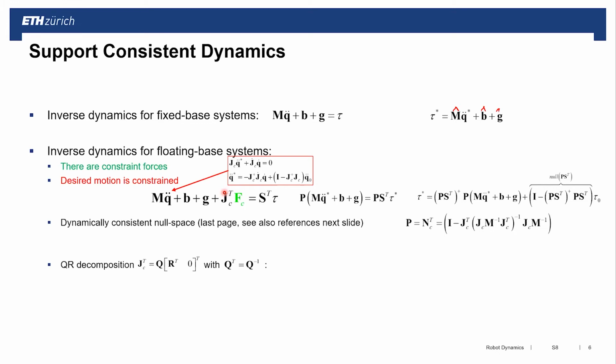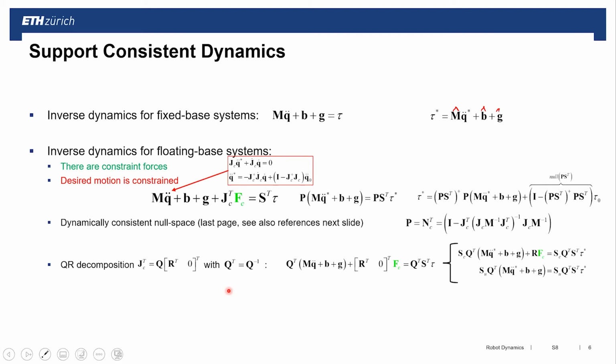And as I said, this Jacobian only constrains a subspace of the whole system, how it can move. What we can do is a QR decomposition of this JC transposed. If you want to look up the theory behind that, QR decomposition gives you a Q matrix, which is orthogonal, so Q transposed equals Q minus 1, and it has a block diagonal R matrix and a 0 matrix in here. So this you can do with all matrices.